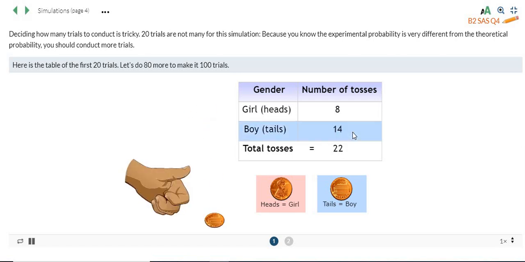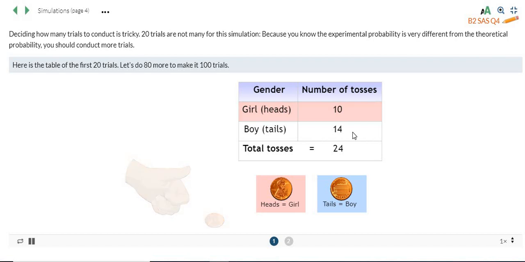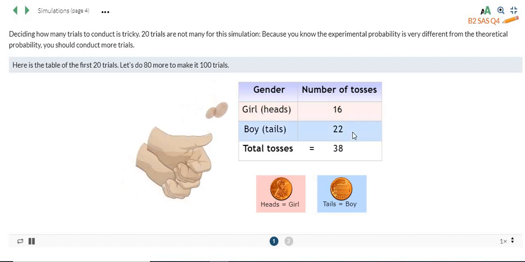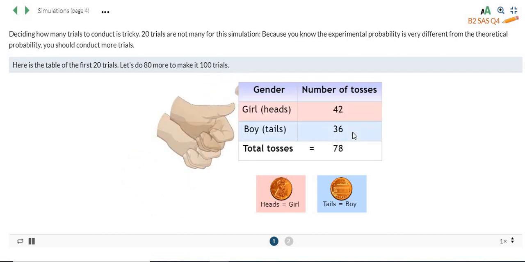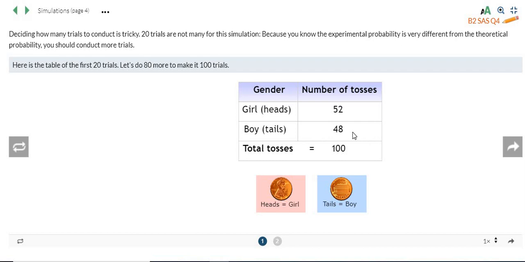They added one to boys, landed on tails again, added another to boys. Landed on heads, added one to girls. Landed on heads again, so added one to girls. Another to girls. Another, and oh, okay, there it's going crazy. So they did that 80 more times, so now I have a total of 100 tosses.